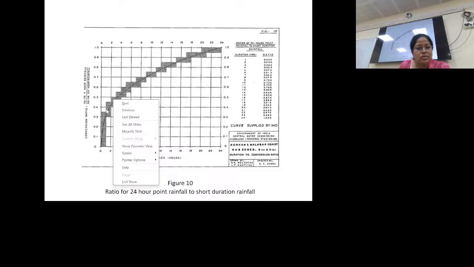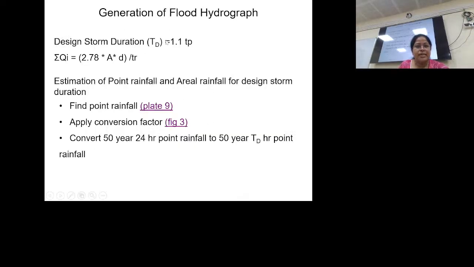So that way our 50-year 24-hour point rainfall will be converted to TD, or duration. That means for our design storm duration, that rainfall will get converted, and we will get the point rainfall.